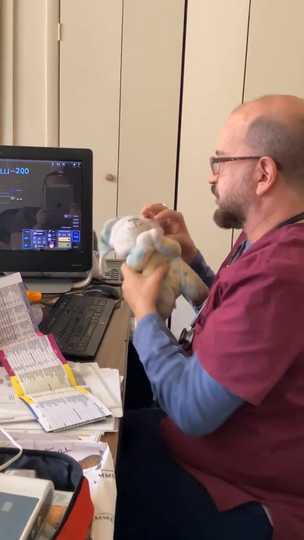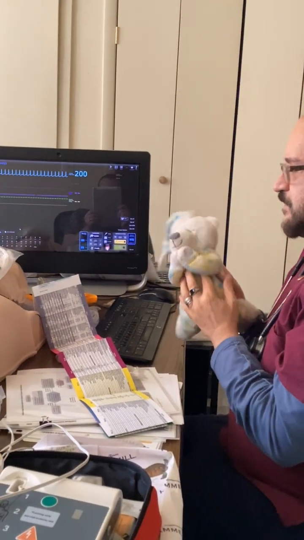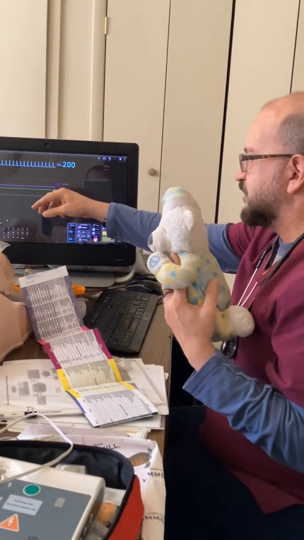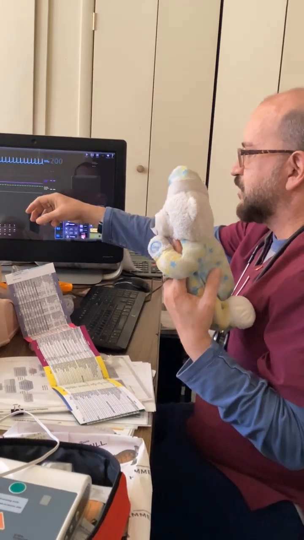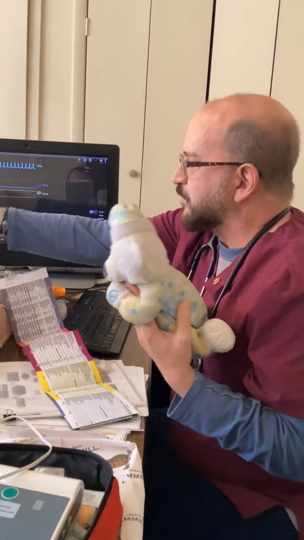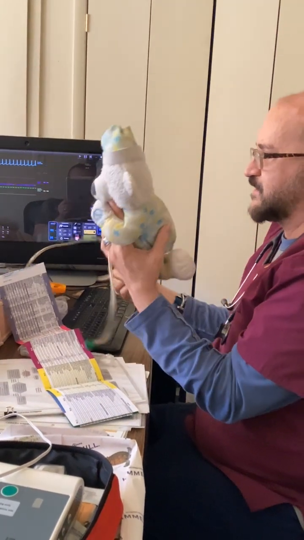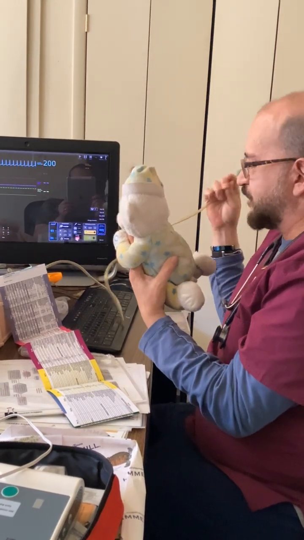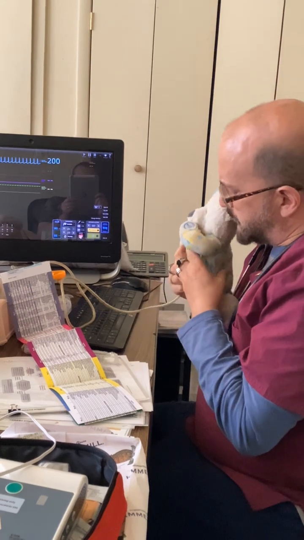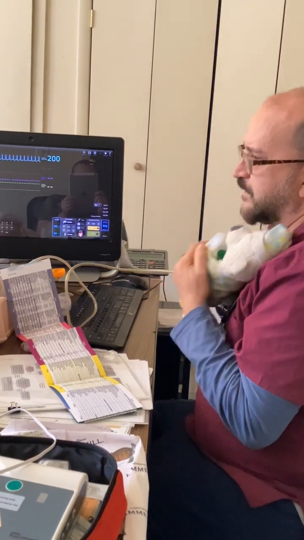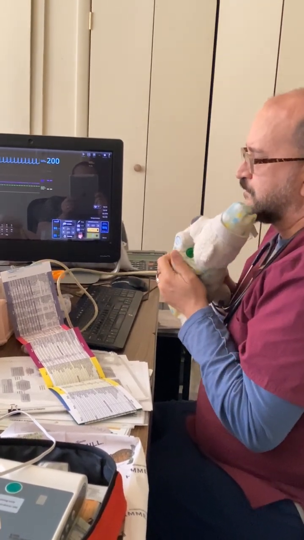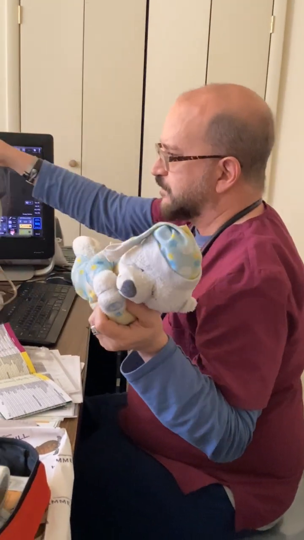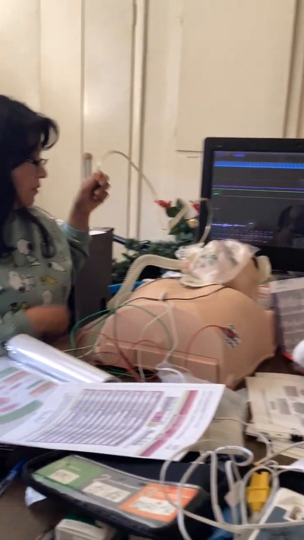If they're awake, alert, and oriented and don't like things on the nose, maybe you can use oxygen tubing by itself, not hooked up to the ambu bag. Hook it up to the flow meter, and then they can hold it and get their O2. But obviously if they're decompensating, supplemental O2 is not going to be sufficient.